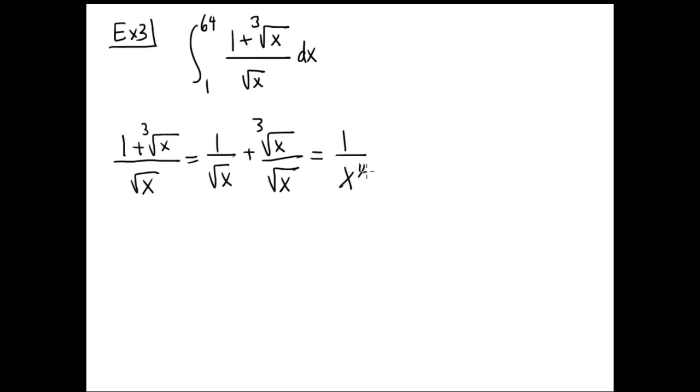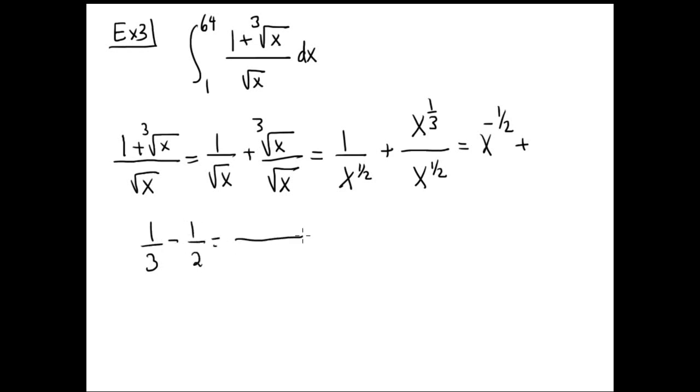This is 1/2, this is 1/3, and this is 1/2. So using a negative exponent, this is x to the -1/2 plus x to the 1/3 minus 1/2. The LCD is 6. This is 2 minus 3.